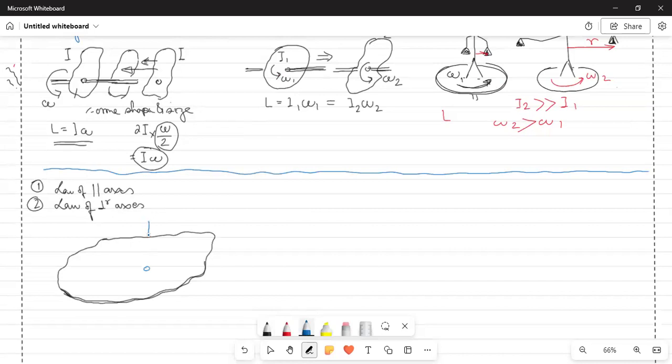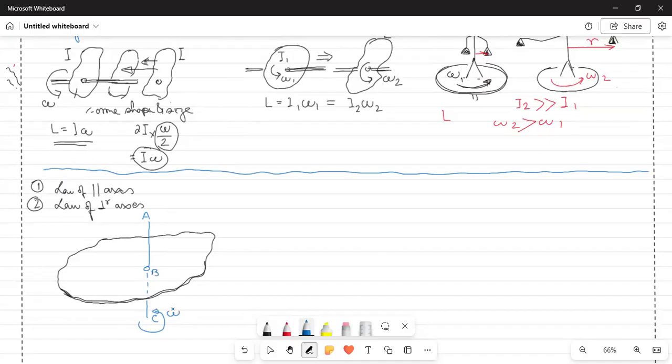Say this axis is A, and say this is point B, and it is rotating around the axis ABC with an angular velocity omega.